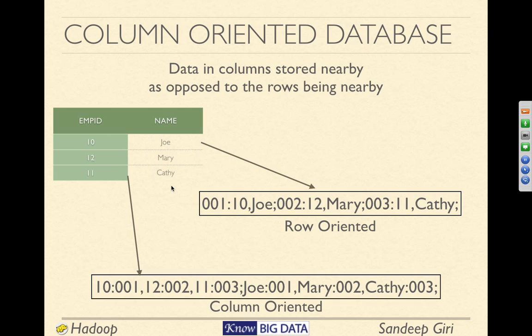Now you would ask, and this is a very important question, some of you must have asked me in the past: why do we need a column-oriented database, by the way? You can see clearly that in the first column the values are similar, and in the second column the values are similar.